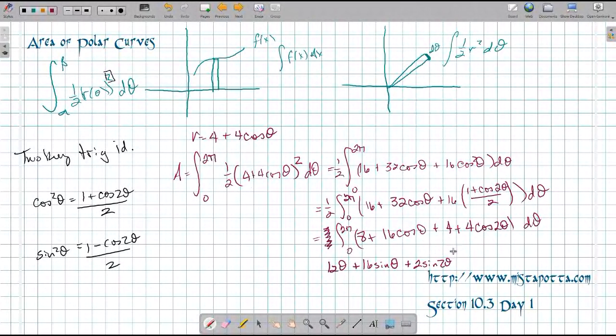And I want to evaluate this from 0 to 2 pi, and sine is periodic.